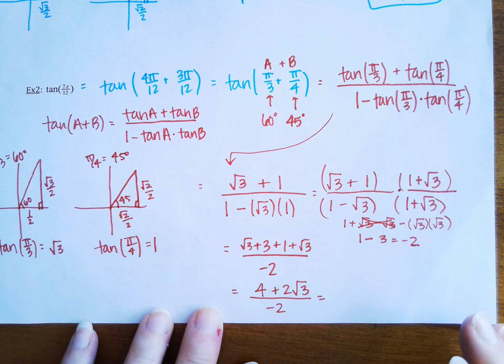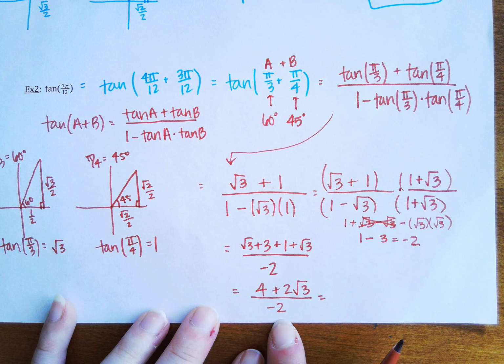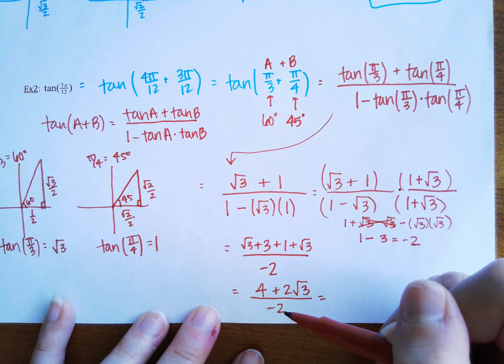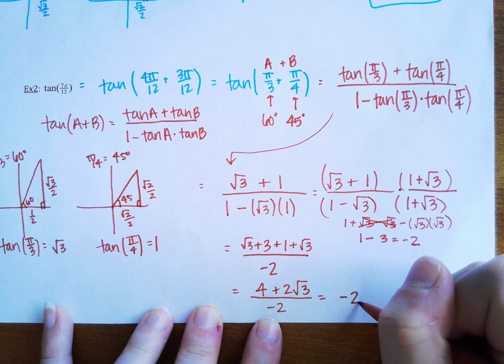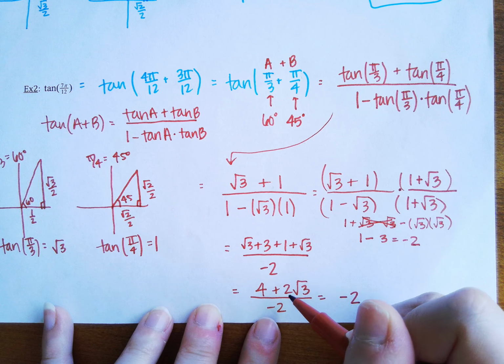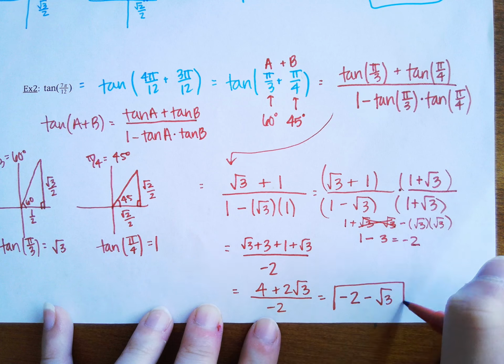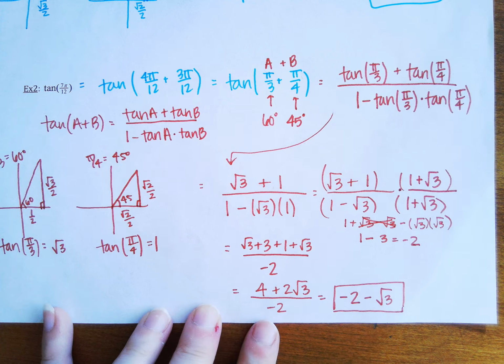And then the last step of this problem: since 4, 2, and negative 2 are all divisible by 2, I can divide each of these terms. So I can divide the 4 by negative 2, and I get negative 2. And I can divide the 2 by negative 2, and I get negative 1. So my final answer is negative 2 minus root 3.